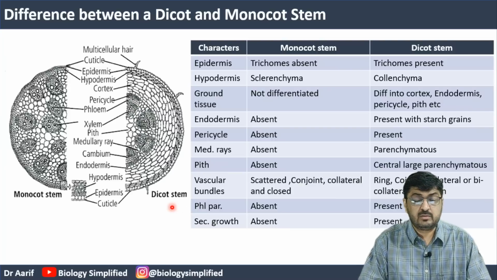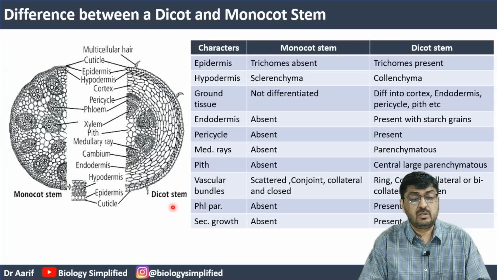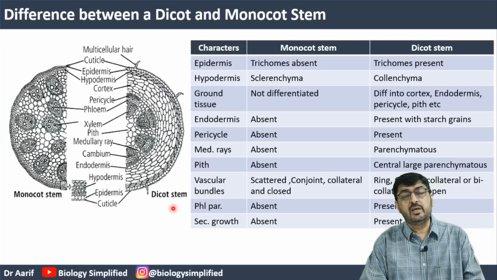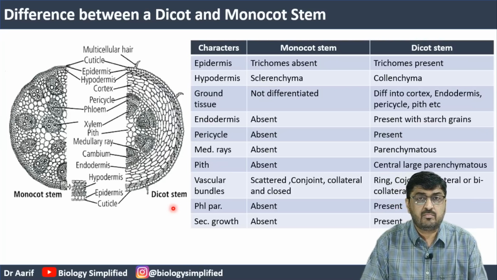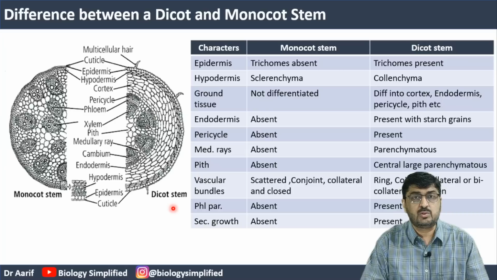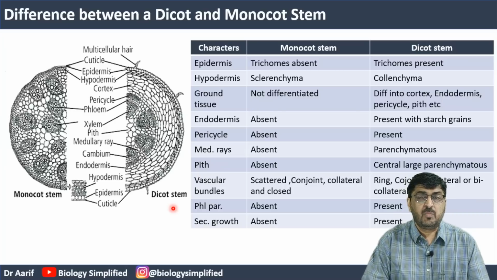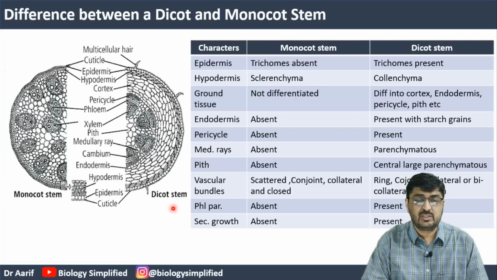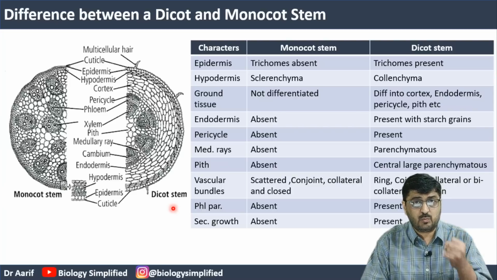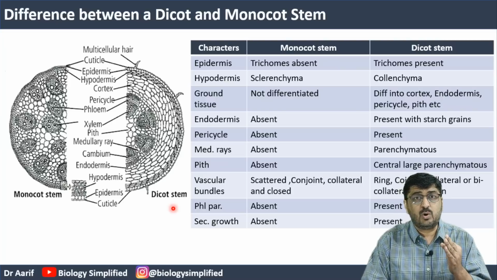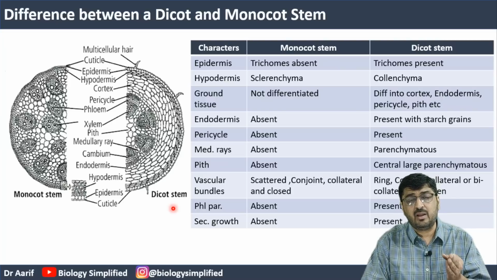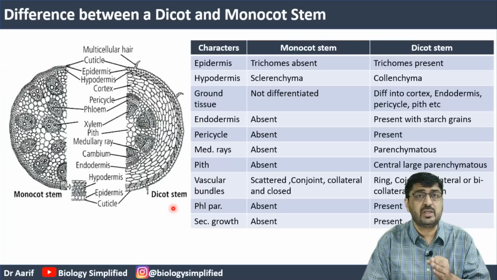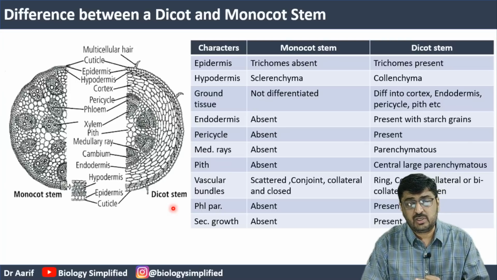I hope the three structures and the differentiations are very clear to everybody. We have now finished the third part of the discussion of our chapter. The first part was what are tissues, the second part was the tissue systems, and in the third part we discussed the anatomy of the dicot and the monocot root, stem and leaf, along with their differentiation.